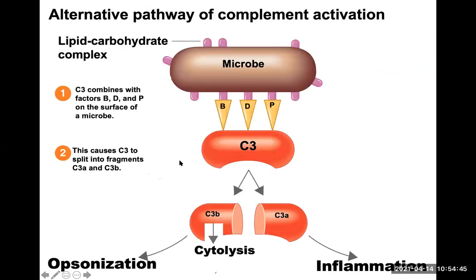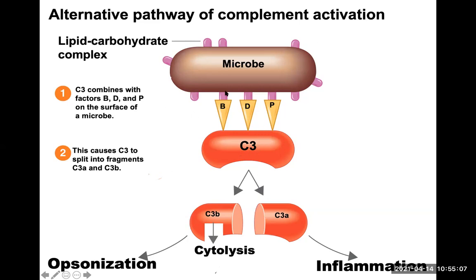Okay. The alternative pathway: instead of antibodies, you have these factors always circulating in the blood called BDP, and they can coat the surface of the microbe and directly split C3. So this is a shorter, much easier pathway.